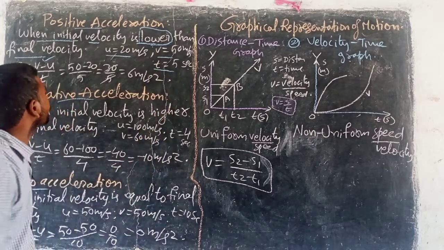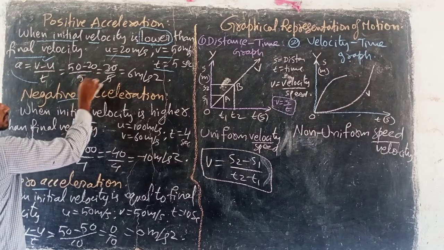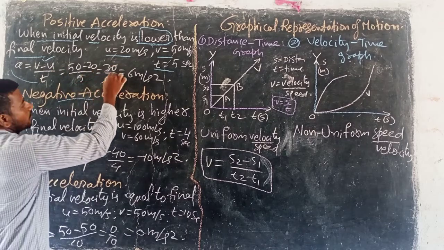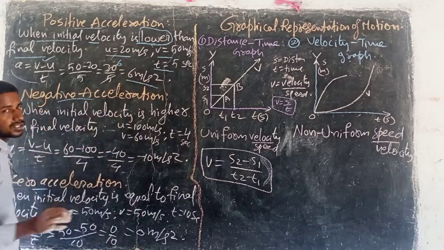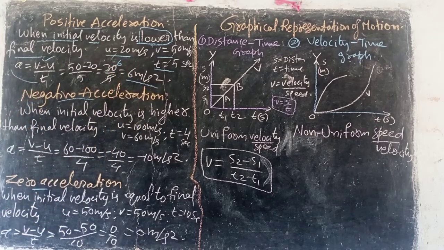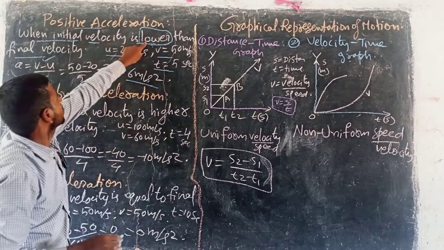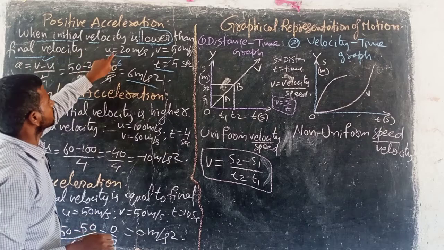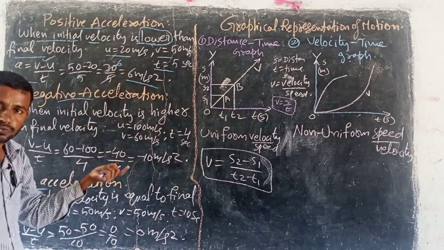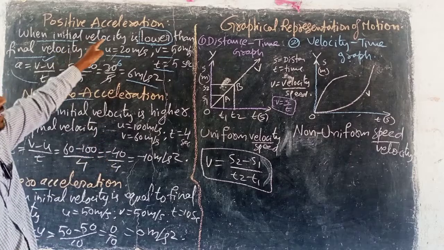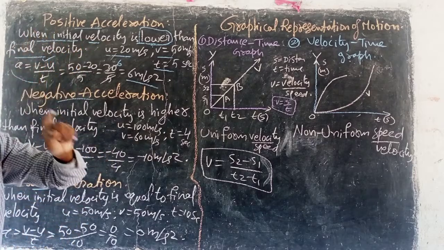So v 50 minus 20 by 5, 30 by 5. 5 sixes are 30, so 6 meter per second square. Initial velocity is lower than final velocity: initial u 20, final v 50, so it is lower. That's why we are calling it positive acceleration.